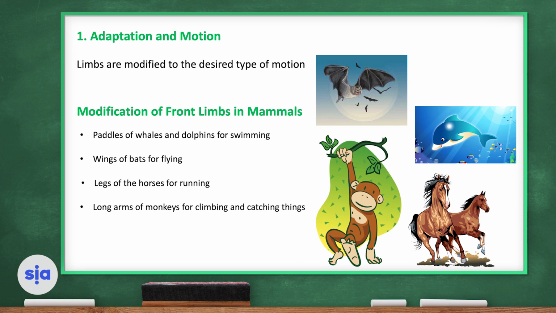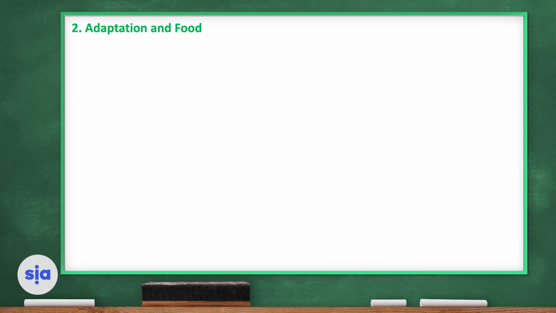All these are mammals with different front limbs to adapt to the environment they live in. And all these are examples of structural adaptations. Of course, when we are talking about a body part, we are talking about structural adaptation.